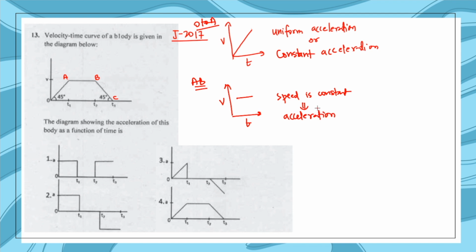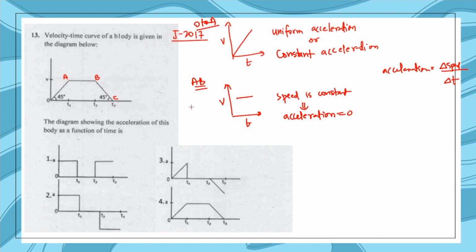Why is it so? As I told you, acceleration is equal to delta of speed over delta of time. So if speed is not changing, acceleration will be 0, right? If delta of speed is 0, the change of speed is 0, that means acceleration will itself become 0. So acceleration is 0 here.